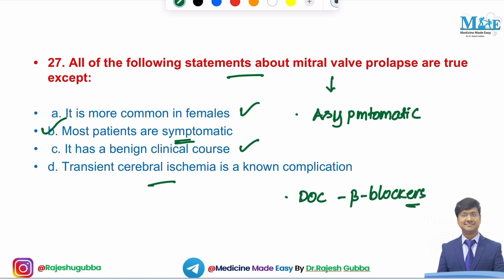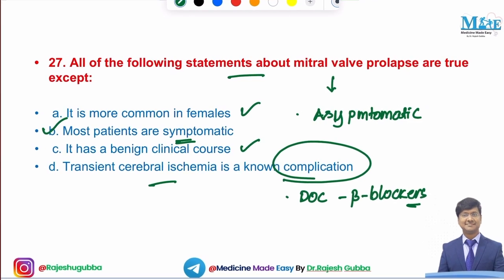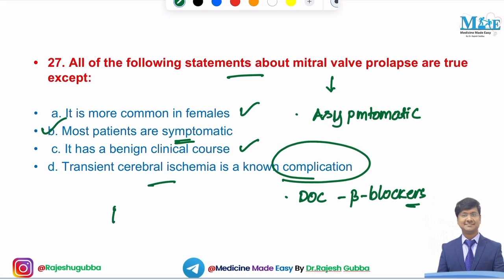And the other complications apart from transient cerebral ischemia also include the arrhythmias. What will be those arrhythmias? Premature ventricular contractions or the paroxysmal supraventricular tachycardias. All right. So the answer here is most patients are symptomatic. That's a wrong statement. Next.